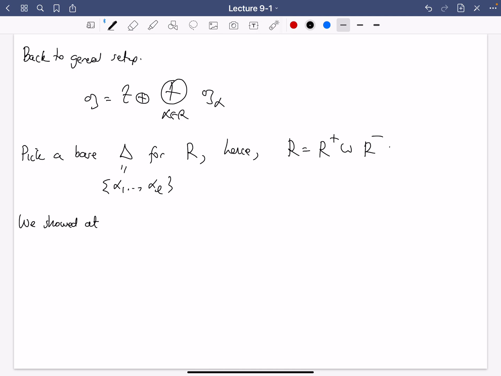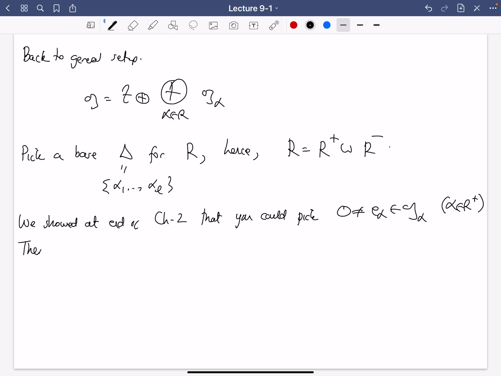We showed at the end of chapter 2 that you could pick any non-zero E alpha in G alpha for each positive root alpha. Remember, G alpha was one-dimensional. Just pick any non-zero vector E alpha in G alpha.